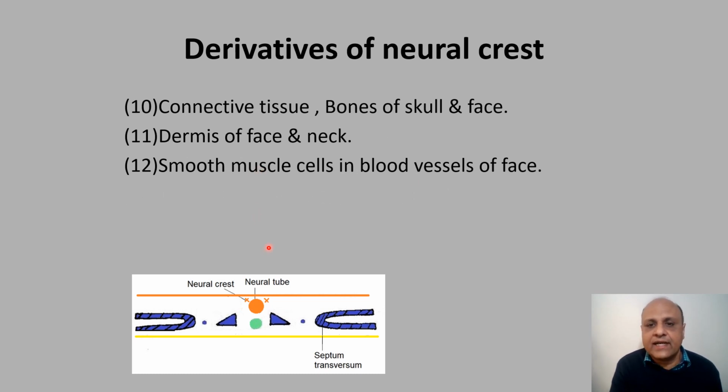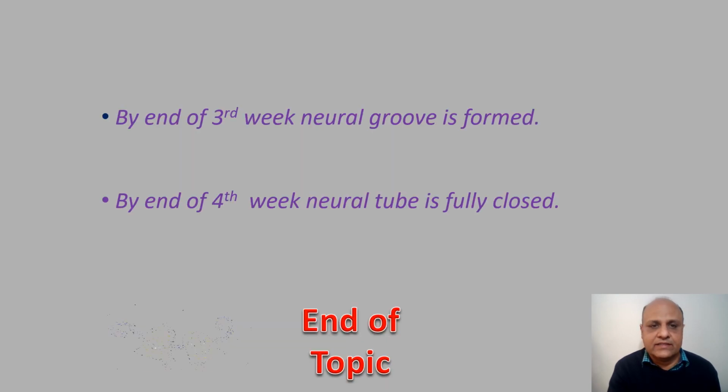Then we have connective tissue and bones of skull and face, and dermis of face and neck. So these are derived from neural crest, and smooth muscle cells in blood vessels of the face are also derived from neural crest. So remember these 12 structures which are derived from neural crest.